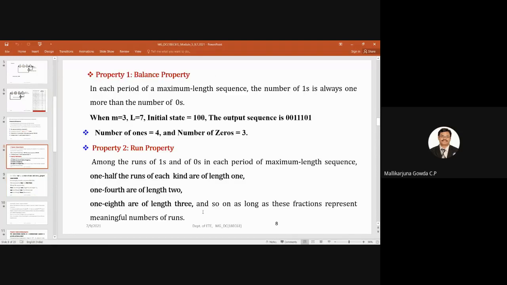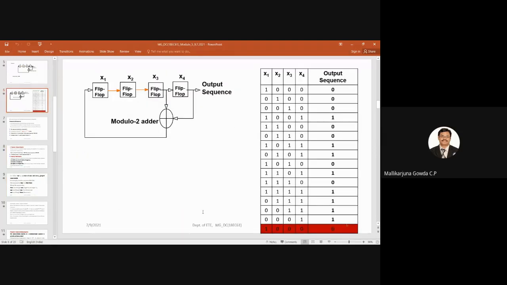What about this sequence? 000, 1, 00, then 11, 0, 1, 0, then 4 ones. So how many runs are there? Totally 8 runs are there, right?